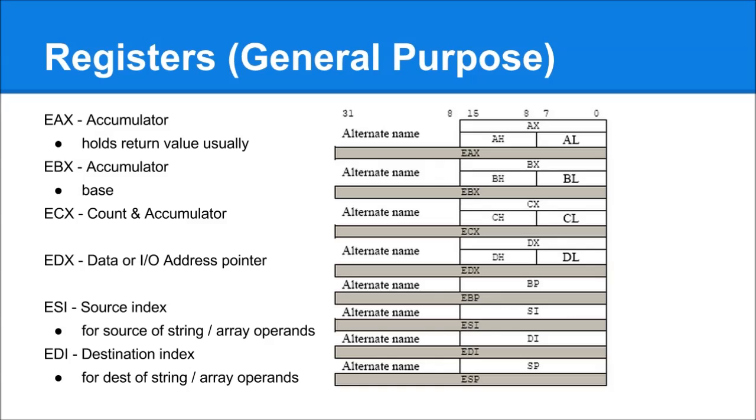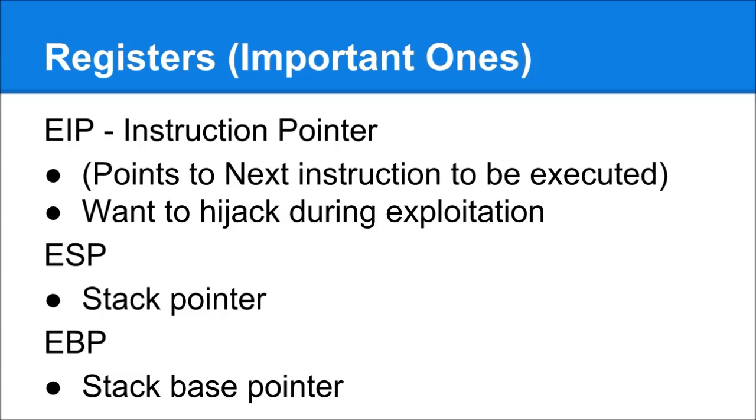So ECX is also standardly used by compilers for various counting operations, and EDX is usually used for some form of data computation results as well. But the most important thing is EIP.